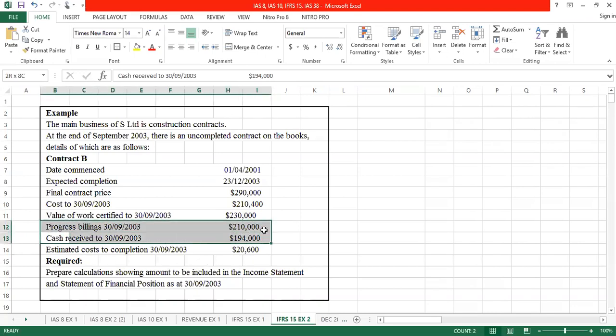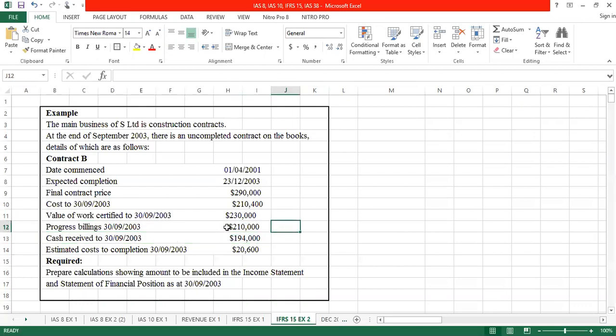Cash received is, now look at this. There is a very straight answer here. You billed the government 210, but how much did the government give you? 194. So there is something that everyone who is good in financial reporting can see: there is a receivable. The receivable is what the government has not yet paid you out of your total billing.